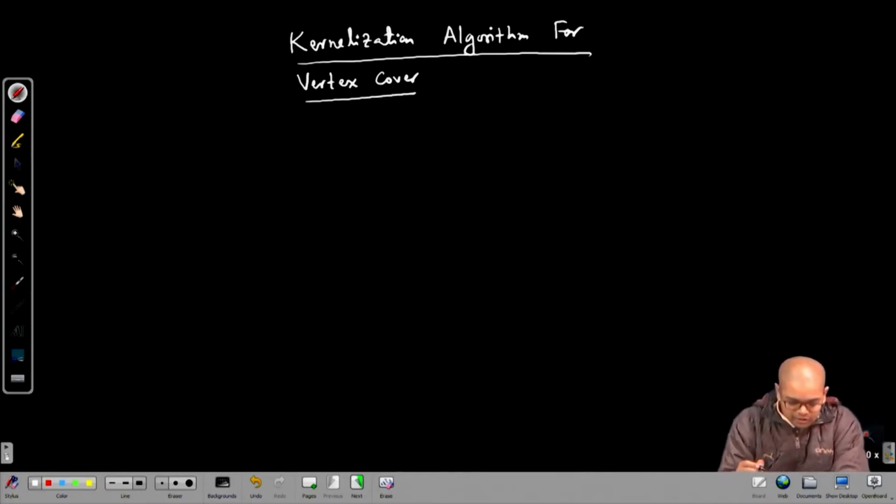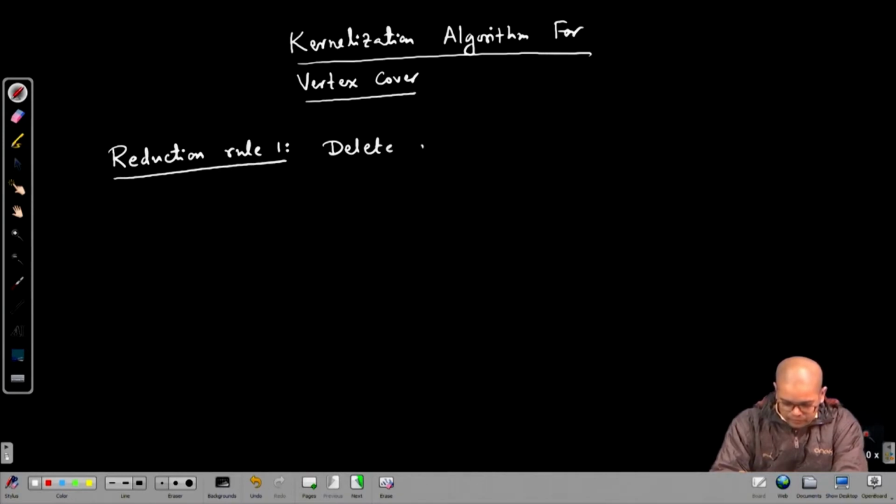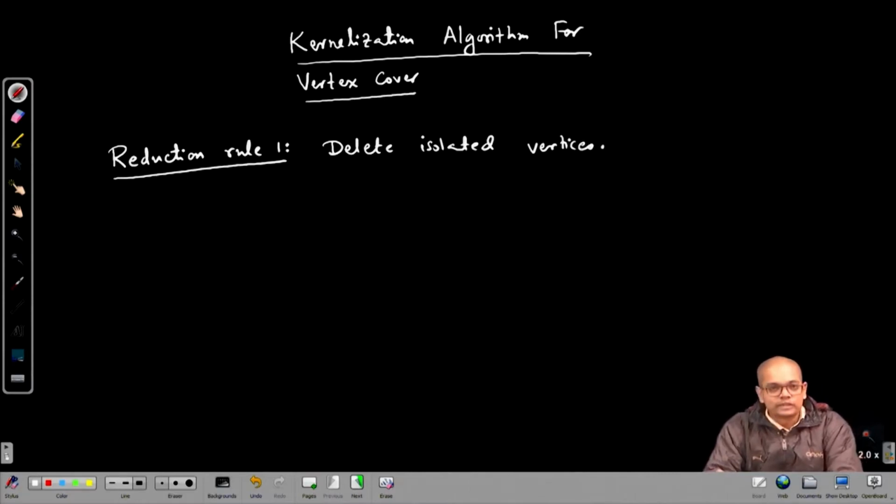In kernelization, they are called reduction rules because we are reducing the size of the instance. The first reduction rule: delete isolated vertices, that is, vertices with degree 0.